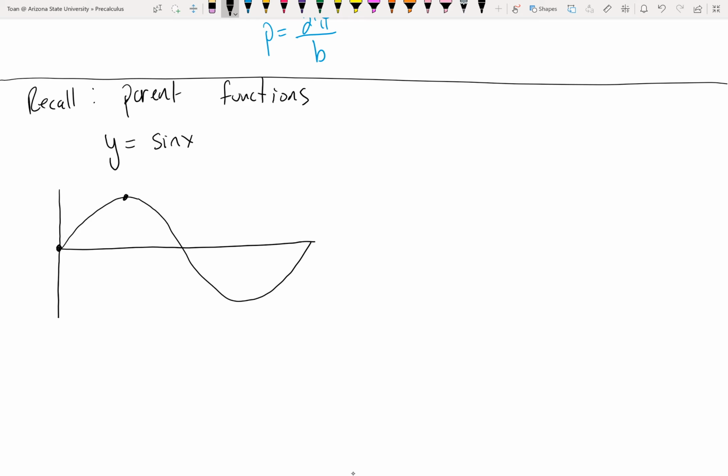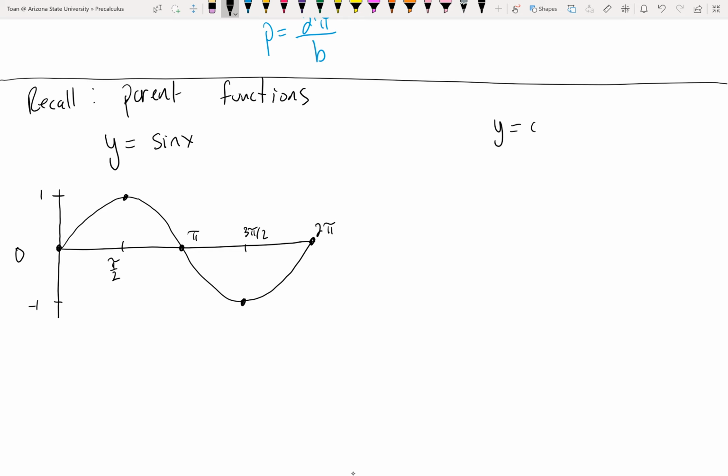And we saw that, at least on Desmos, these were the nice, easy points to figure out: at 0, at pi halves, at pi, 3 pi halves, and then 2 pi, right? And the maximum was 1, and minimum was -1. These are the 5 points I'll be looking for. These are the 5 points that we need to transform.